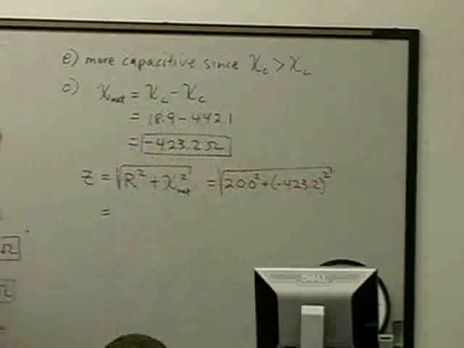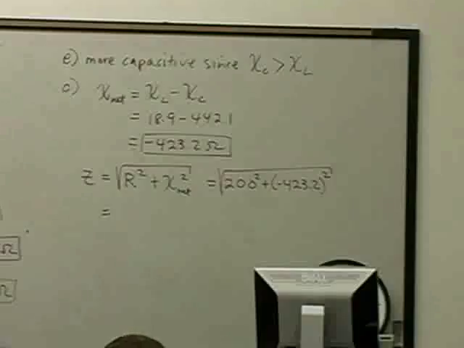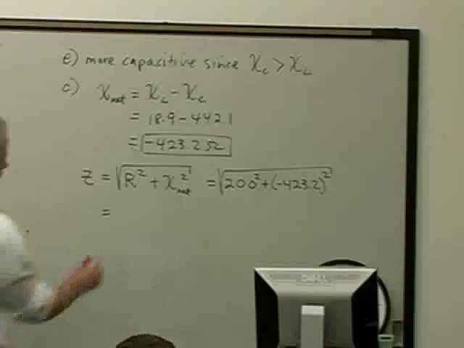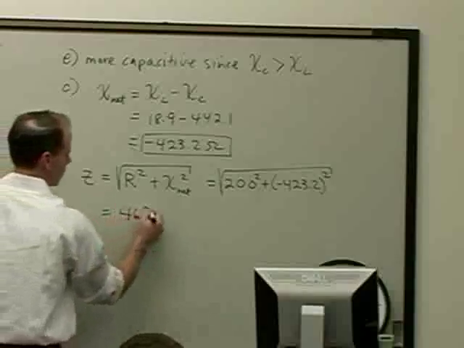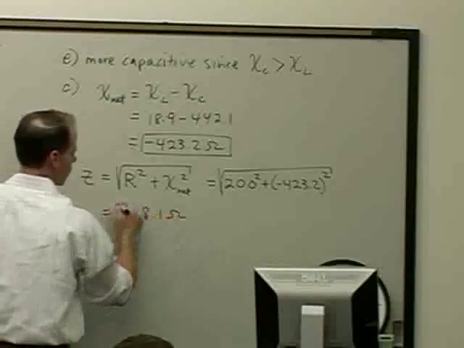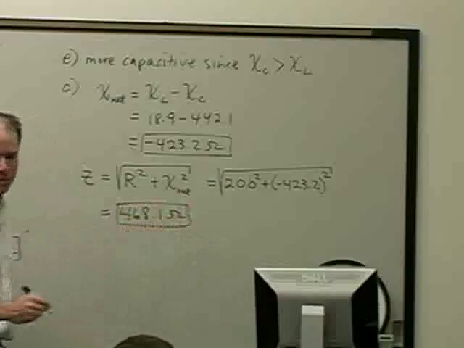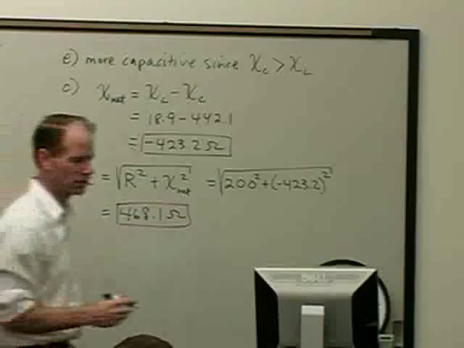The fact that it's negative is not going to matter because when you square it, it's going to be a positive quantity. I get 468.1 ohms for our impedance Z on this circuit.